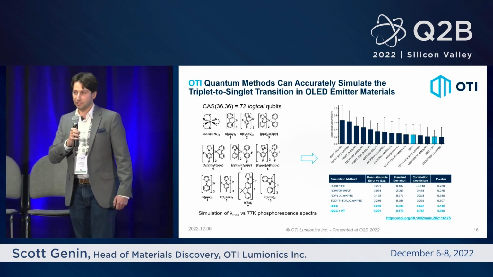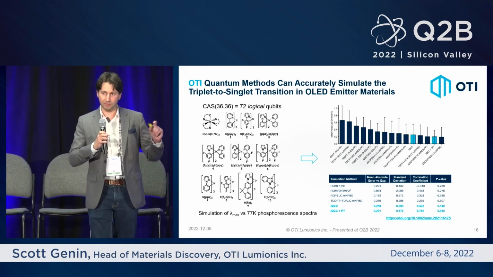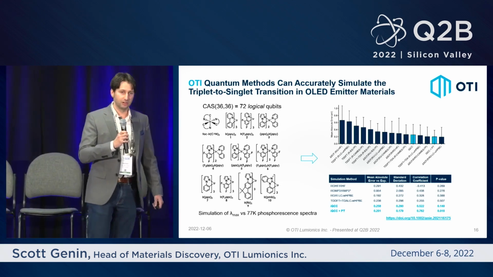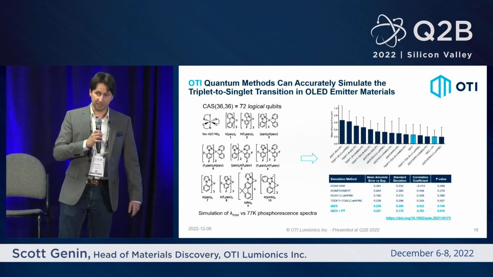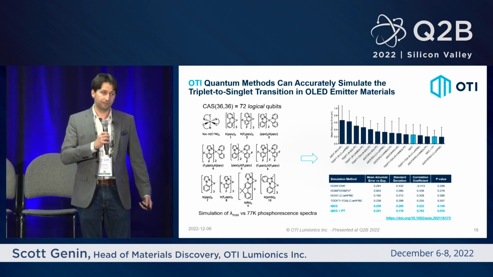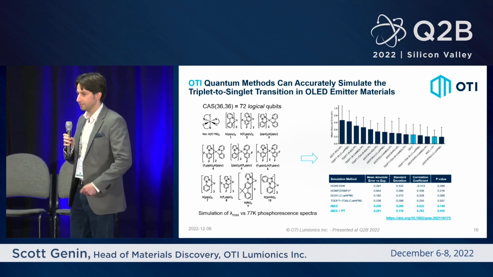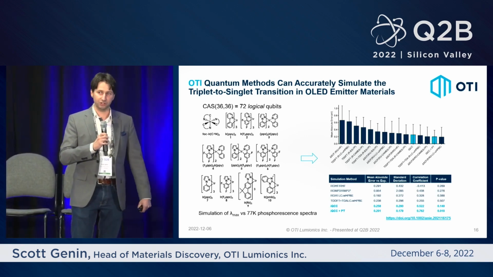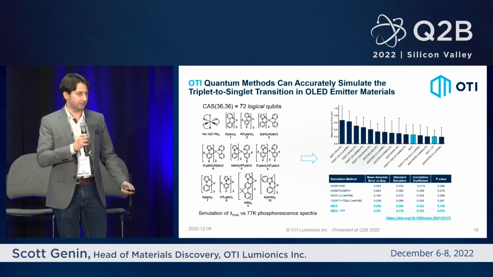But from a materials discovery standpoint, if I have a material and I want to make a functional group change, which one is going to give me the best correlation? IQCC and IQCC PT outperform basically all the DFT methods. And this is really significant because it gives your organic chemists confidence that if they have one material as an example, they can use that point as an anchor, which is not something you can do with density functional theory.